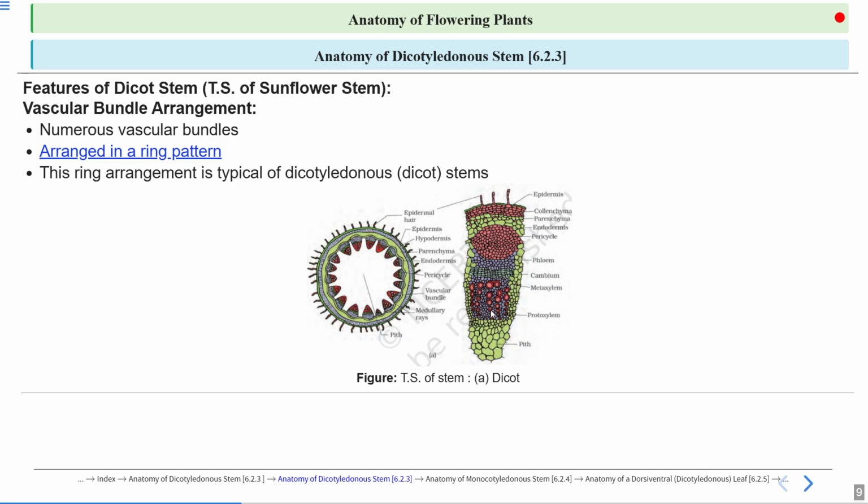Now, if the pericycle is continuous and the layers are the same, then it is called homogeneous. And if the pericycle is, here you can see, lunar shaped. What is the layer of cells here? Just single at the corner.